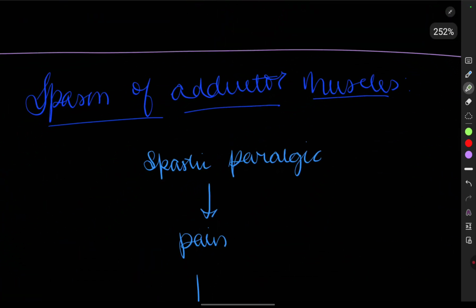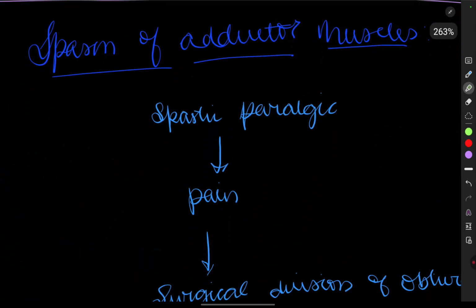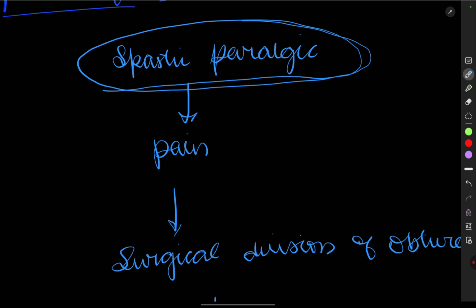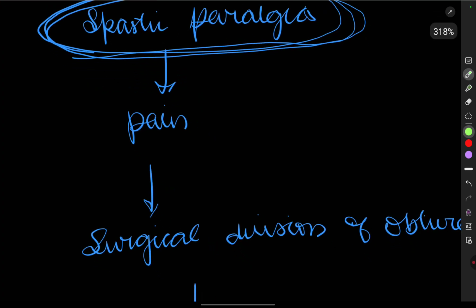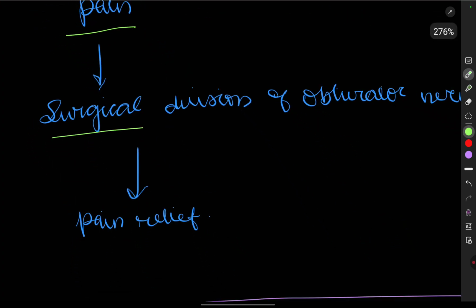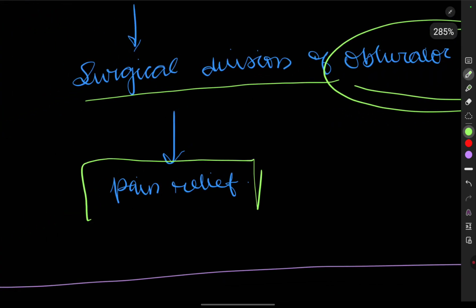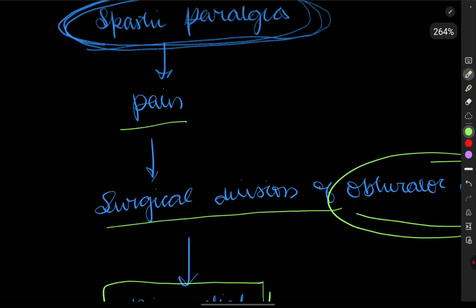Now we're going to see spasm of the adductor muscles. It is called spastic paralgia. Spastic paralgia causes pain, and surgical division of the obturator nerve is done to provide pain relief.